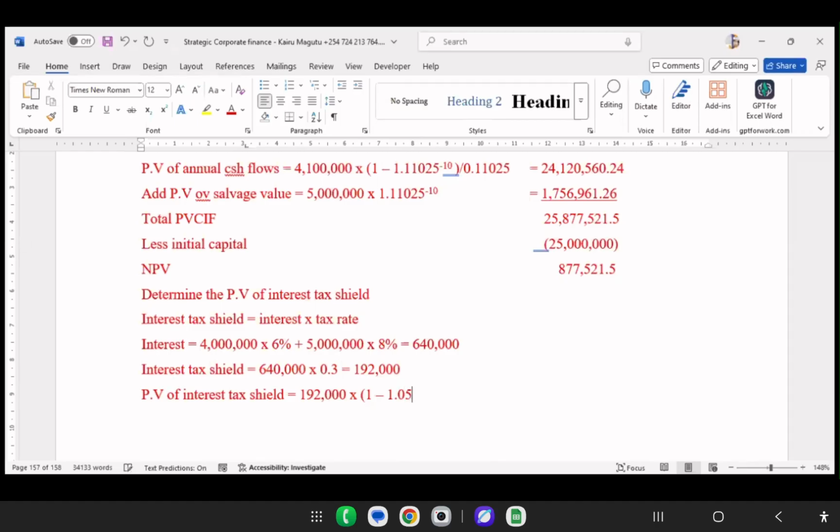We multiply by 1 minus 1.055 to the power negative 10 years. That way, close the bracket, divide by 0.055. This will give us the present value of the interest tax shield. How much is that?